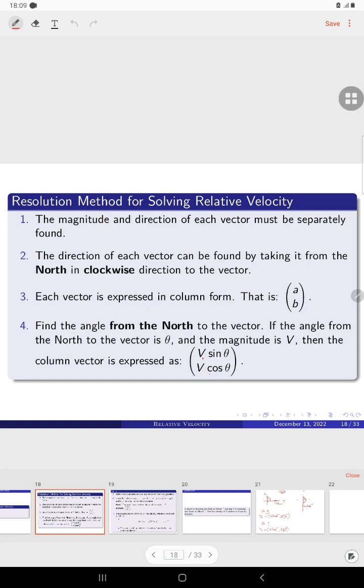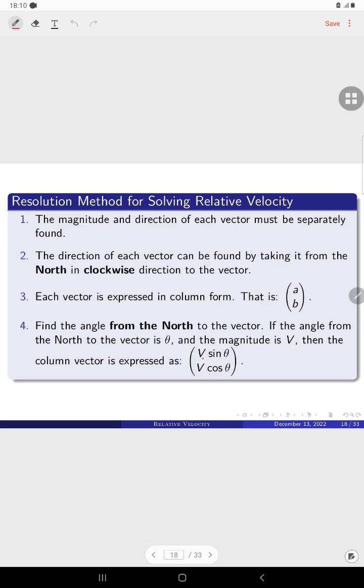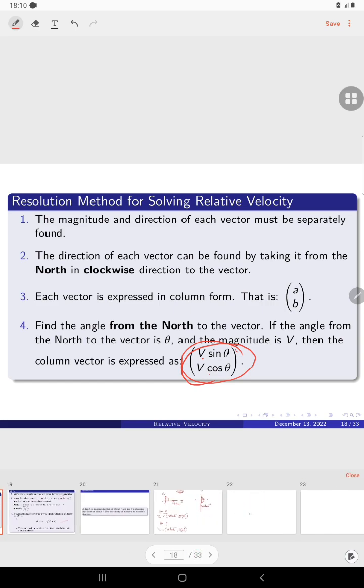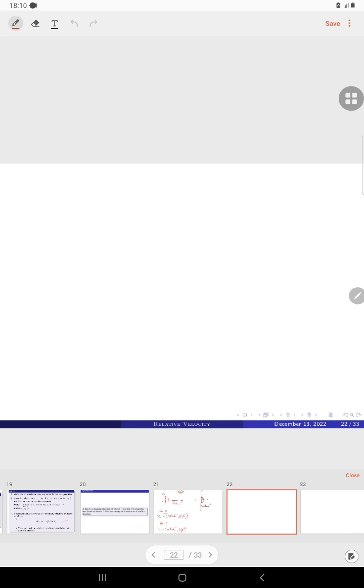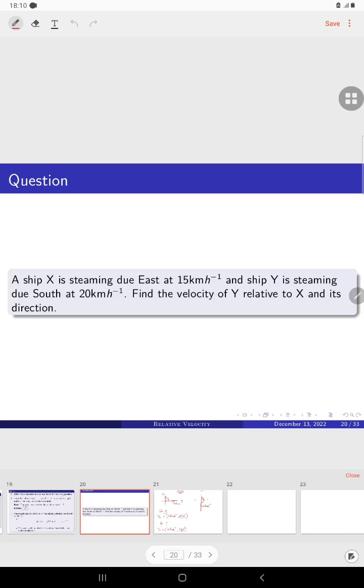Okay? And step 2. Now we are going to express each of them as column vector. And how do we express it? We use this expression. Before you can use this expression, you have found the angle from the north in clockwise direction. So we will just express each of them as column vector, right? So what do we do? What is the question asking us to find?